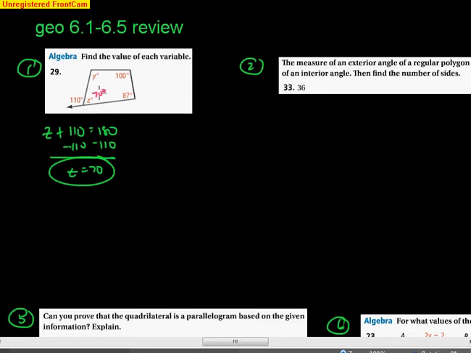Now, to find y, I'm going to use the sum of these interior angles. Now remember that the sum of the interior angles is equal to n minus 2 times 180. This is a quadrilateral, 4 sides. 4 minus 2 times 180, that's 2 times 180, that's 360. So these 4 angles add up to 360.